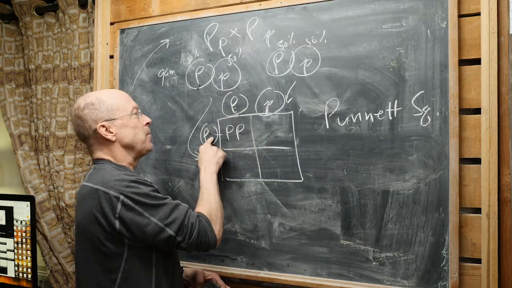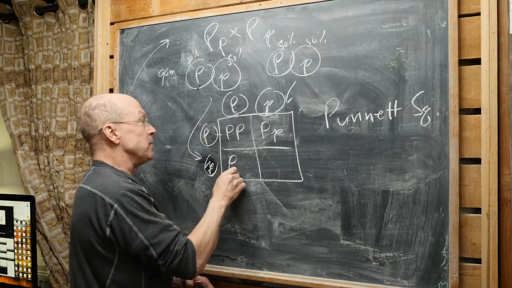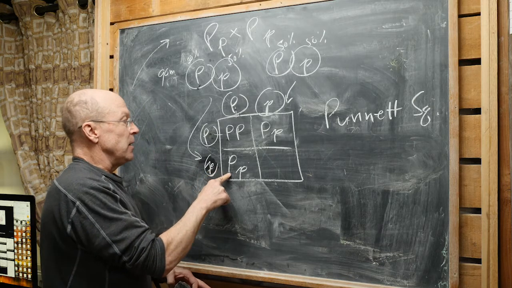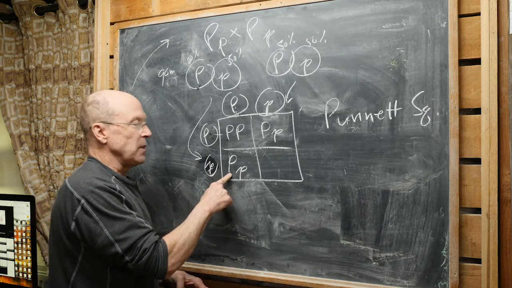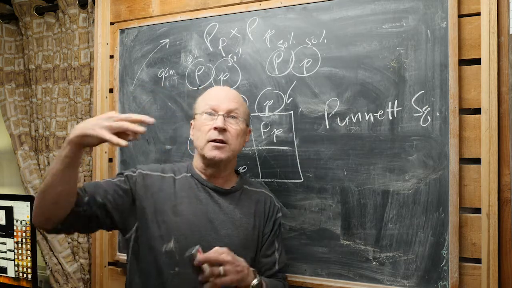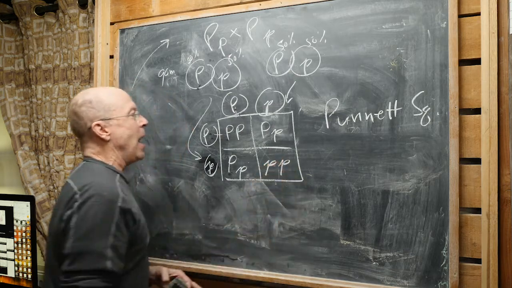Big P, big P, big P, little p here. And by the way, if you haven't noticed, with a heterozygote you always put the dominant allele first, or the same allele first, if we get into other allele situations in a minute. And then we have it.